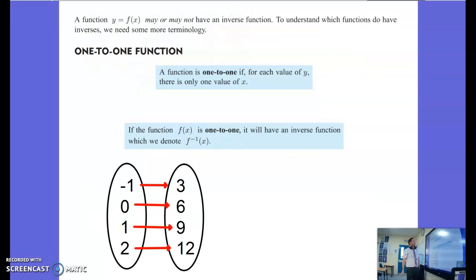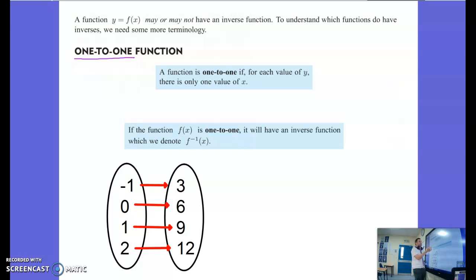Okay, moving on. So a function may or may not have an inverse function. If we remember back to our work with functions, a function can only have one output for every input. So it had to pass a vertical line test. When we're trying to invert something, it has to be a one-to-one function.